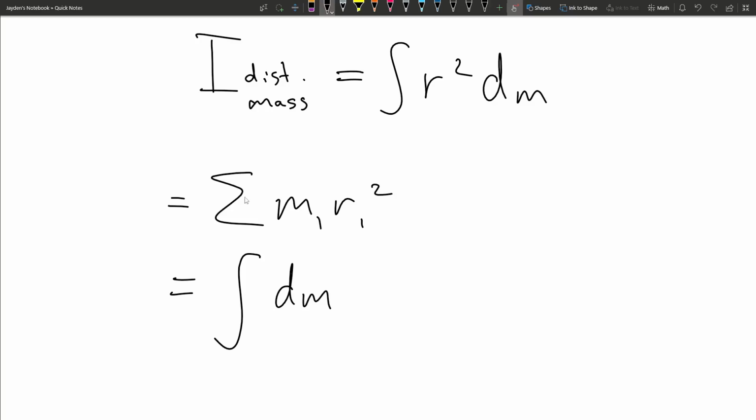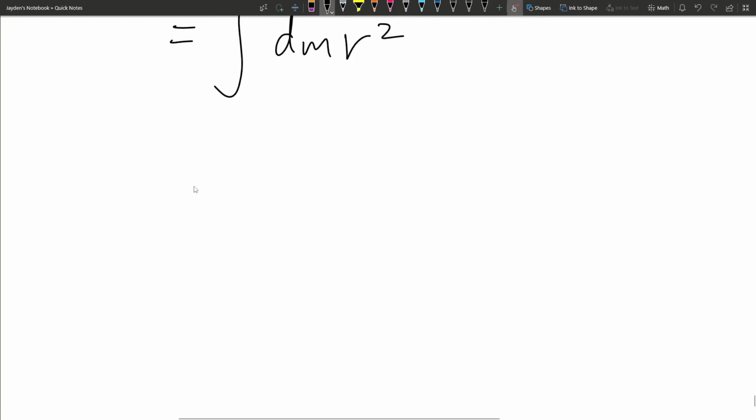The r_i for each individual particle just becomes r because each little tiny mass has some r from the point we're looking at, and we keep this squared. Since it's standard notation, we put dm at the end. So this is our integral formula, and we can use this to conceptualize a lot of things.